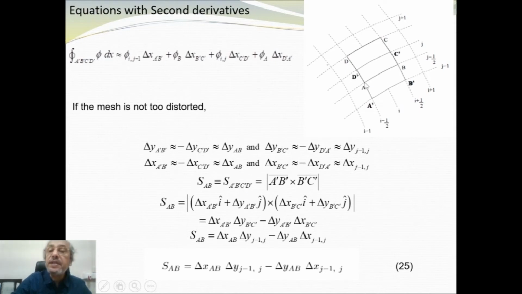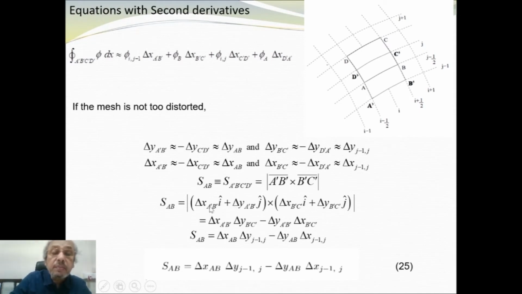This area we'll call SAB, and this is basically the area of a quadrilateral, and that is A prime B prime into B prime C prime, and the mod value of that.